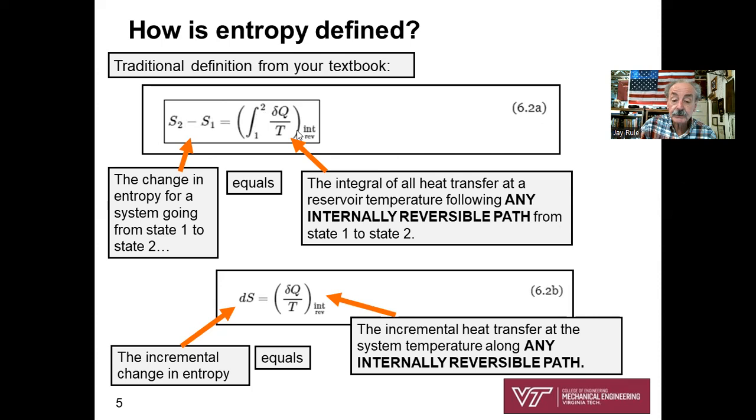And so you're looking around a closed system boundary for heat transfer, and as long as you go from state 1 to state 2 along any reversible process from 1 to 2, that's the way you determine change in entropy. It's an integral of all heat transfer at whatever reservoir temperature you're transferring it at across any reversible path, 1 to 2.